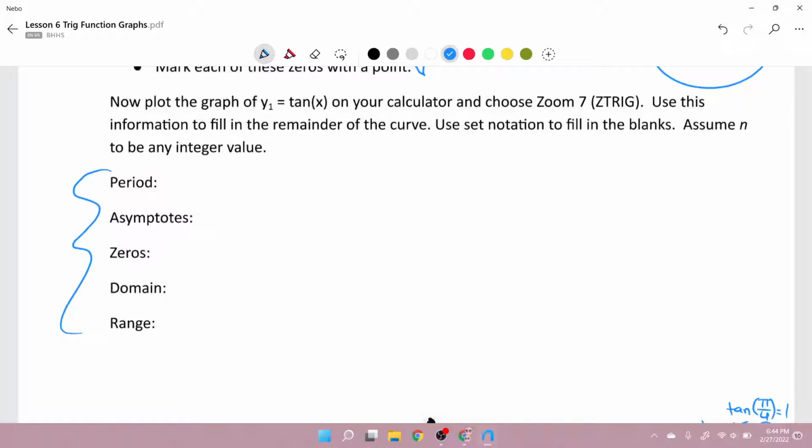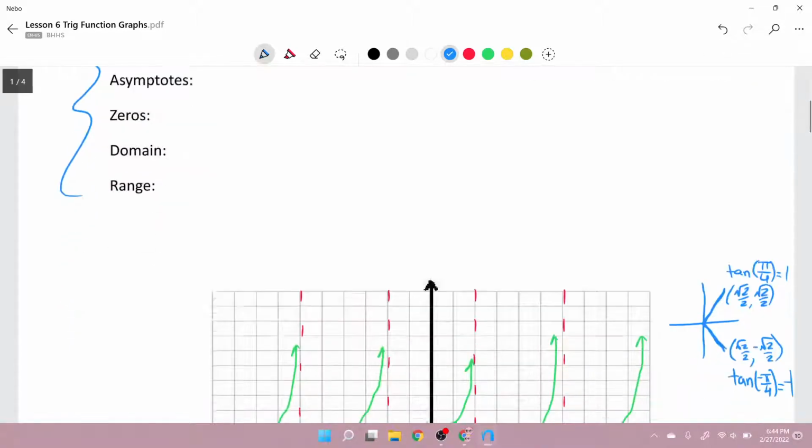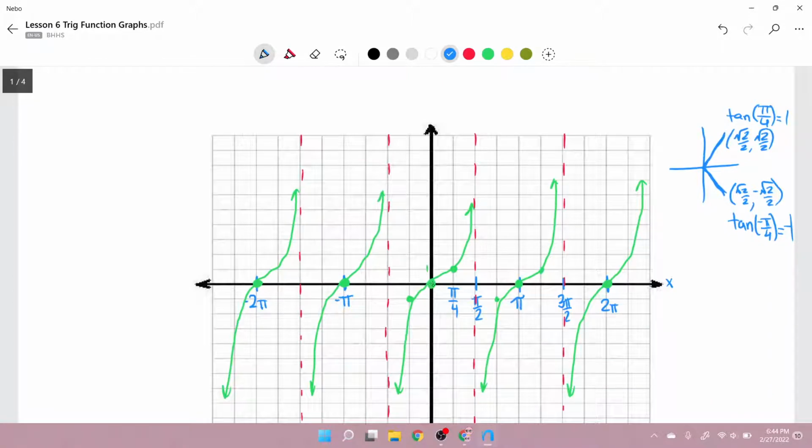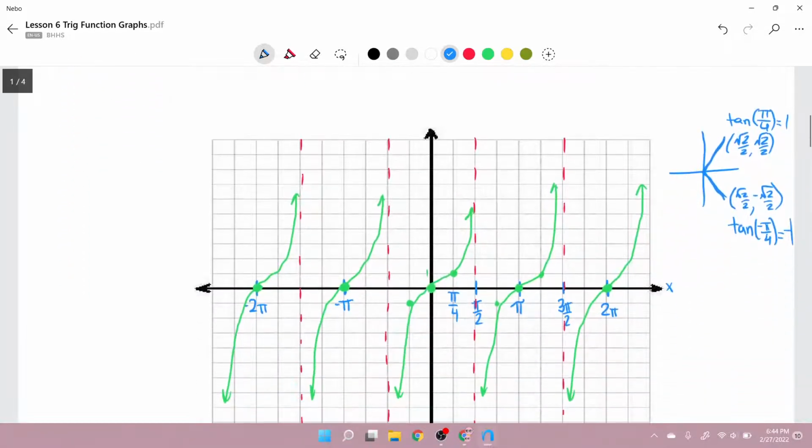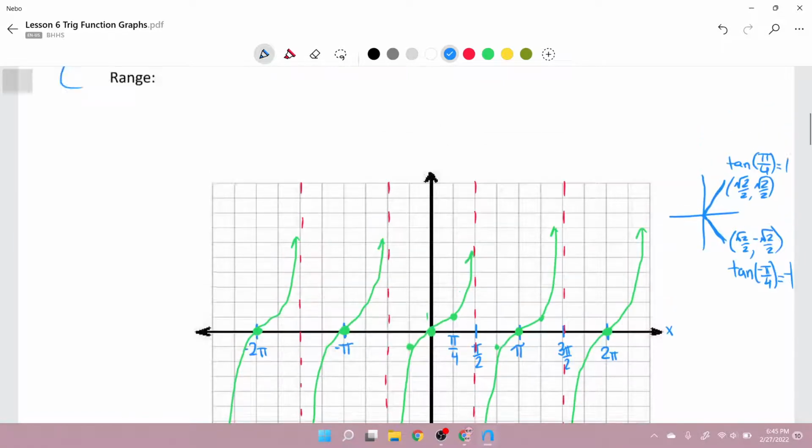Okay, so if we think about what the period of the tangent function is, if we start at x equals 0, the next time we get to x equals 0 will be pi. So our period equals pi. This is for f of x equals tangent of x. Now, looking at our asymptotes, we have an asymptote at pi halves, and then we move pi units over to 3 pi halves.